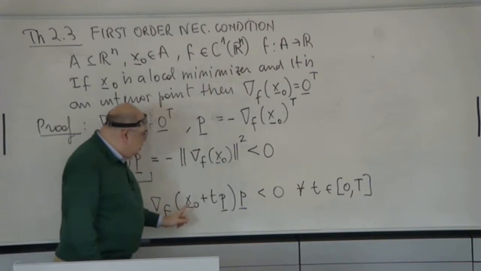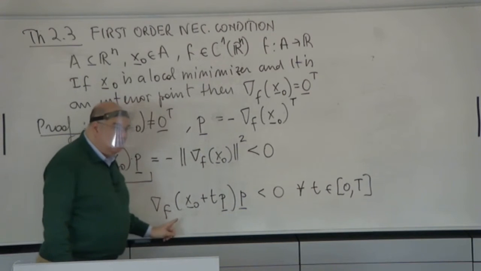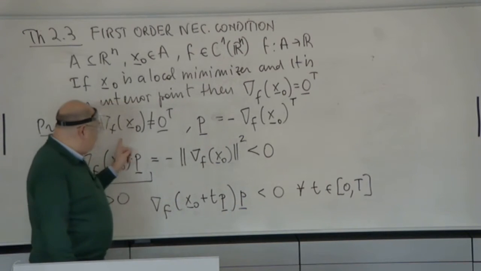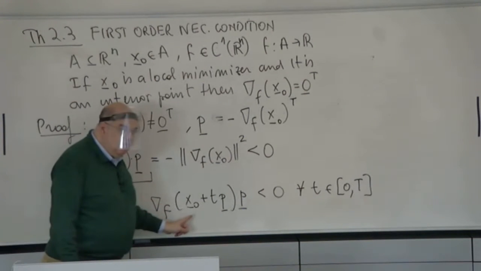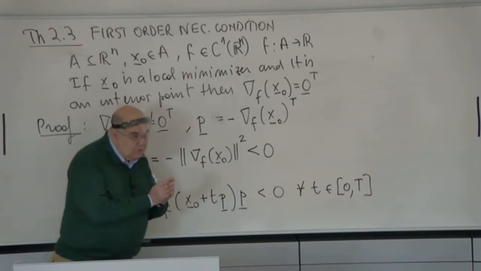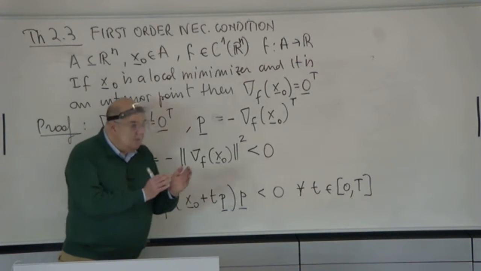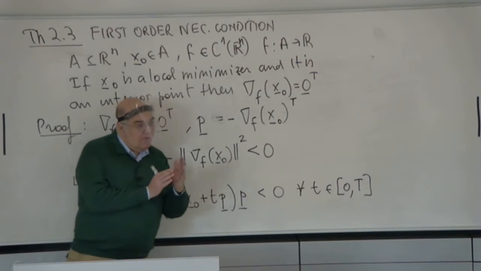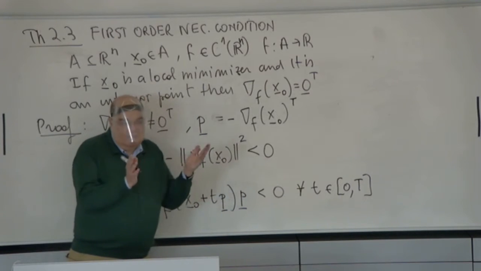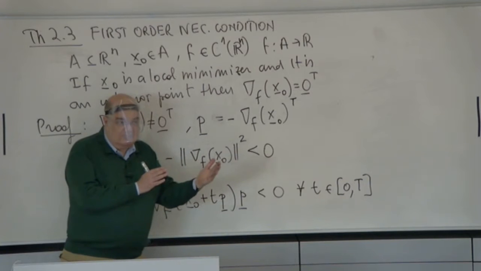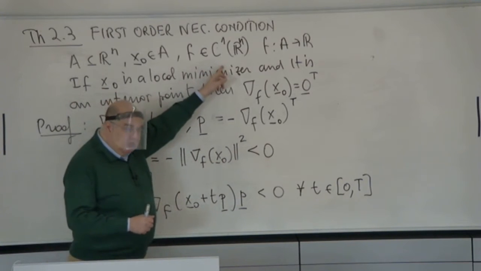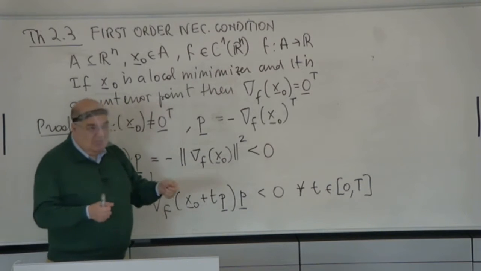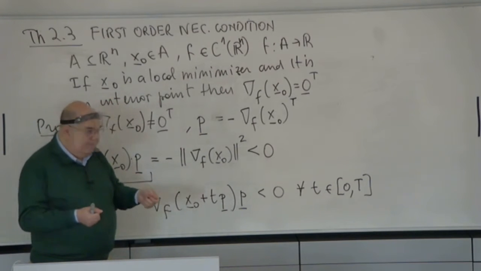Because what we are doing is not taking the gradient of f at x0, which is supposed to be non-zero, but we are taking the gradient of f at some point which is close to x0. So we are moving from x0, and since we are moving from x0, in theory we can't say anything about what happens there. But f is continuously differentiable, which means essentially that the gradient is continuous itself.